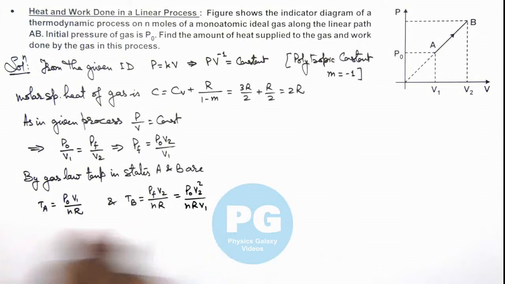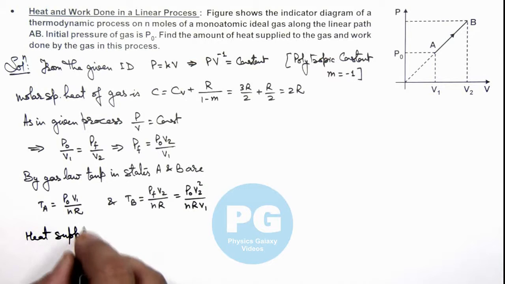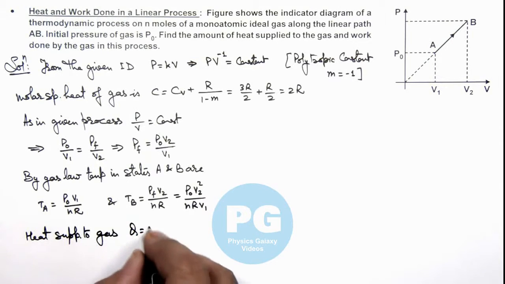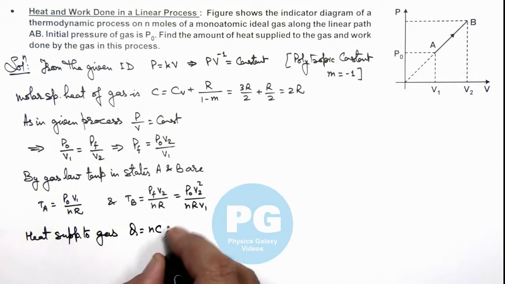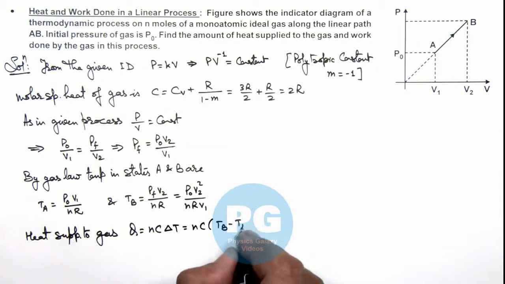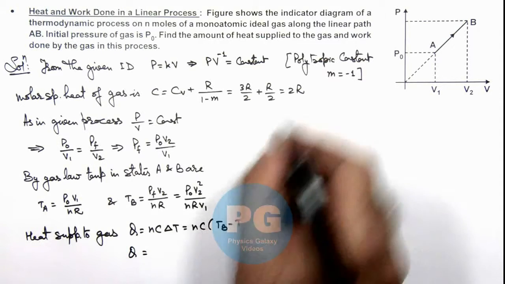So as we have got the temperatures, we can directly calculate the heat supplied to the gas as Q equals nC delta T, and that should be nC times TB minus TA. If we substitute the values, for the heat supplied, we can put the value of C as 2R.